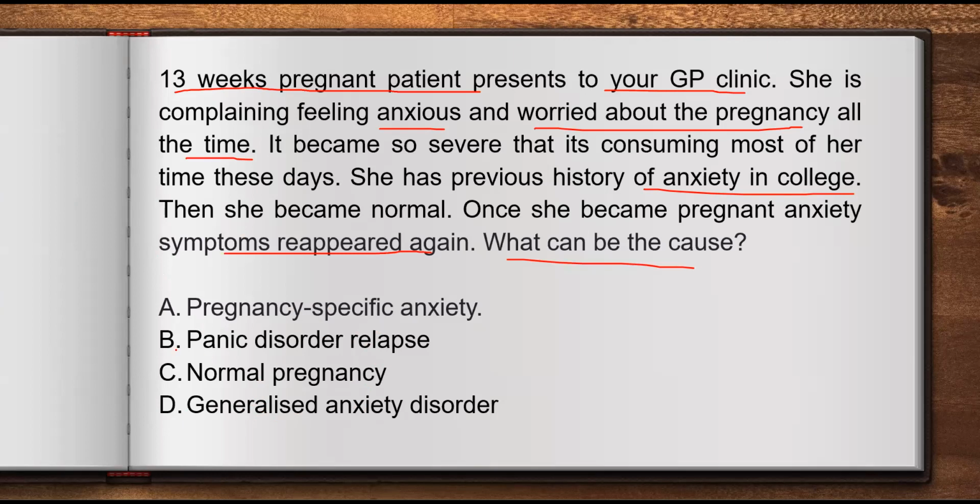How we know that, how we rule this out? Now, it could be normal pregnancy, but again, something consuming most of the time, okay, that's not normal. So don't think it's normal. Like every pregnant woman will be a little bit anxious. That's fine. But if it's consuming every time, that's not normal.